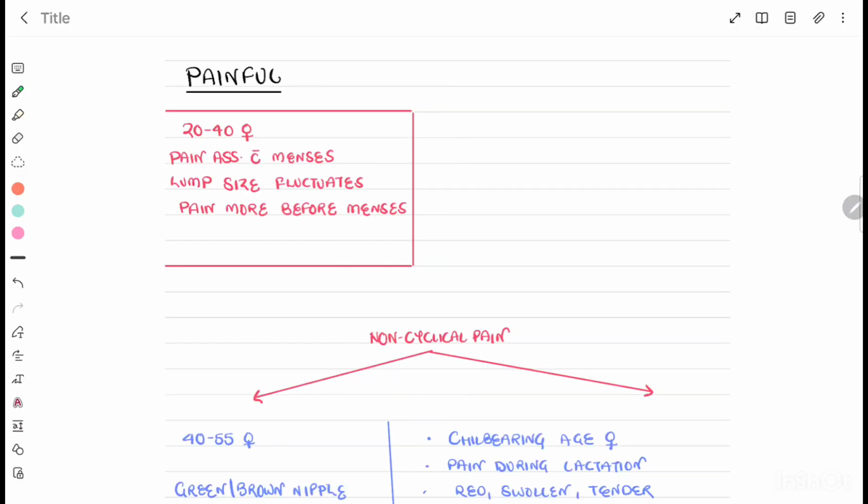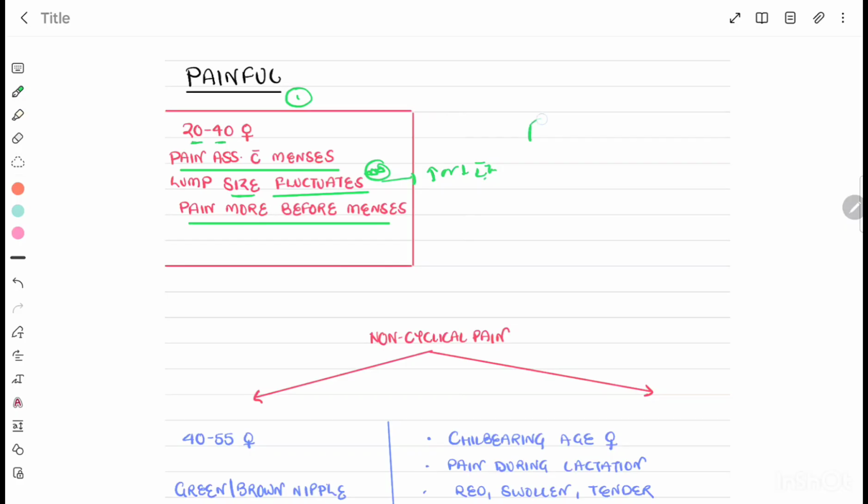So in painful lump, there is a lady between 20 to 40 years of age who complains of breast pain associated with menses, and the size of the breast lump fluctuates, means it increases or decreases with time, and mainly pain before the onset of menses.